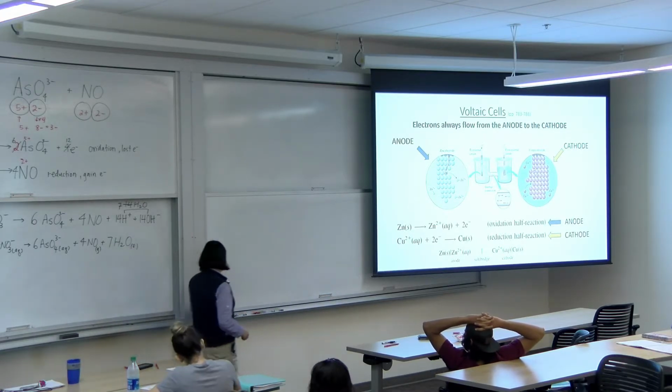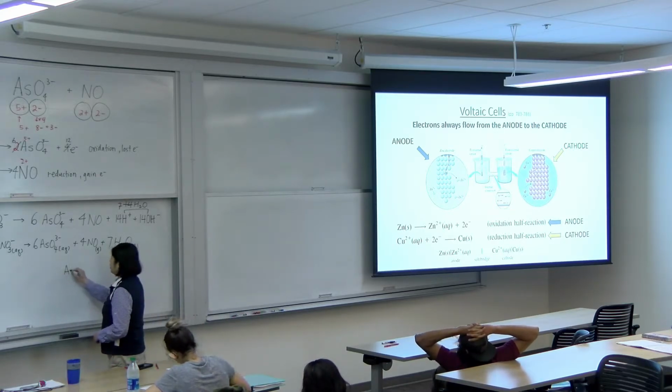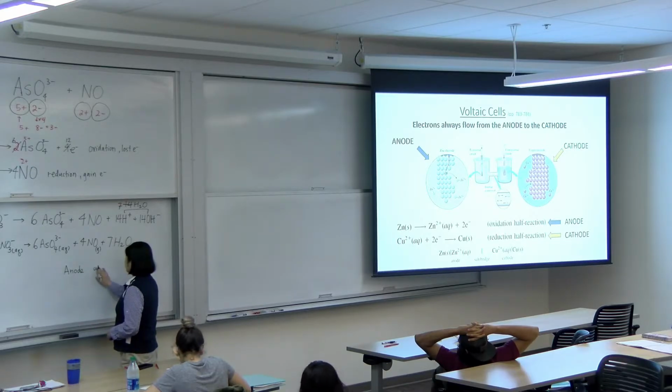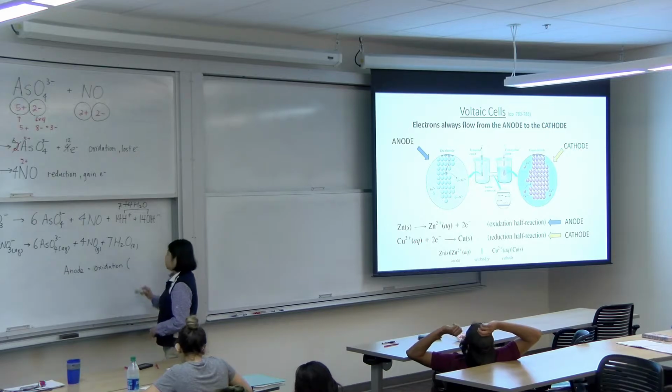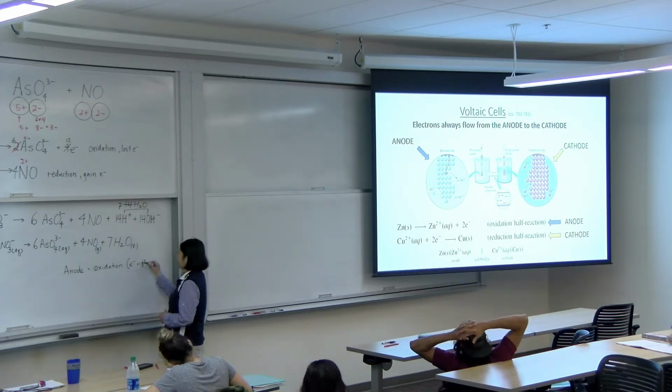I would write this down in my notes just to keep track. Okay? The anode is always the oxidation side. And remember, quickly identify oxidation because the electrons are on the right side.